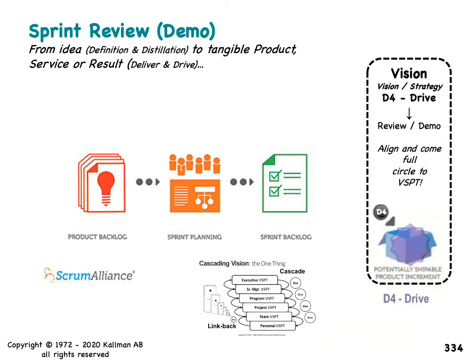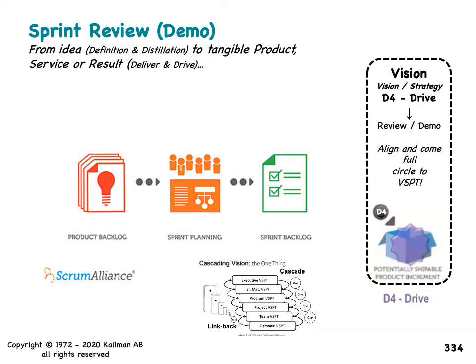The last part during the sprint is the sprint review, and after that the team will probably do a retrospective. But this is the point in time where you take that potentially shippable product increment and you look at it and you go, okay, how does this align to the sprint goal? How does this align to the vision and the strategy and the mission and the purpose of what we're trying to create for the organization?